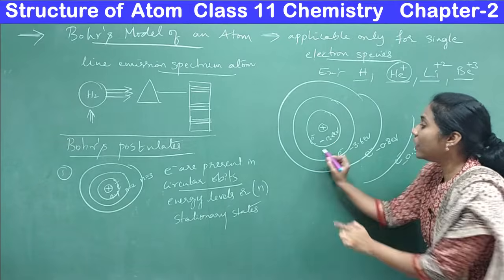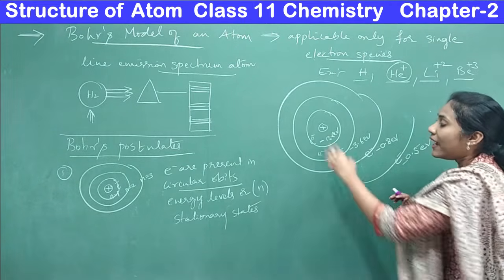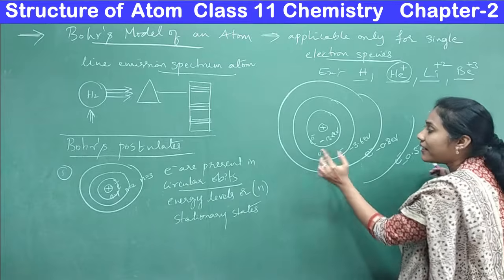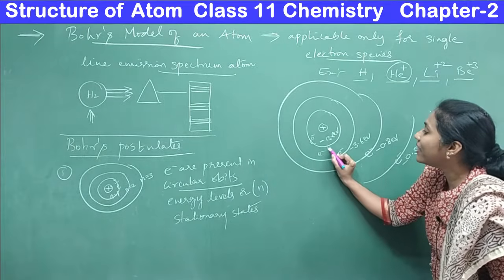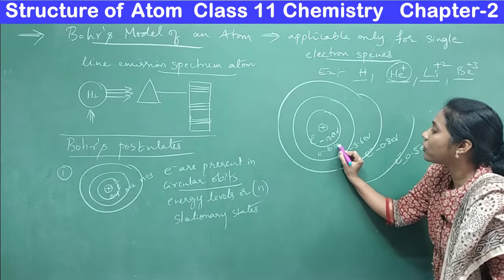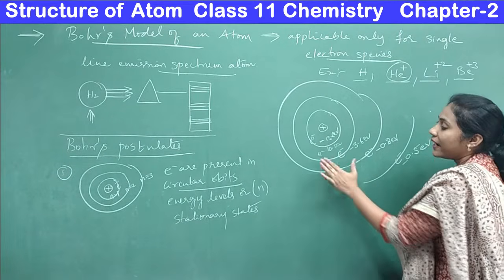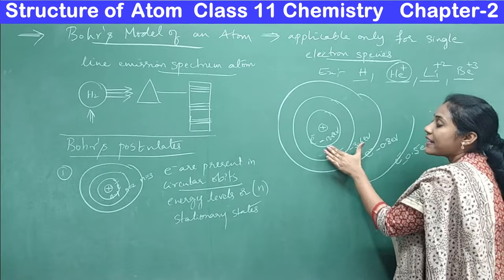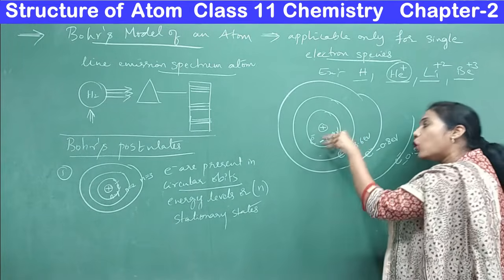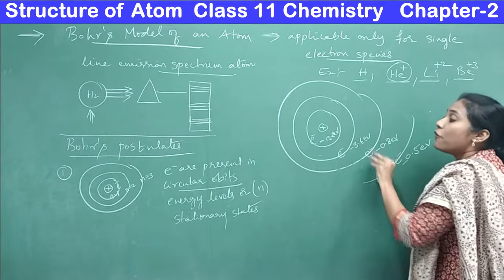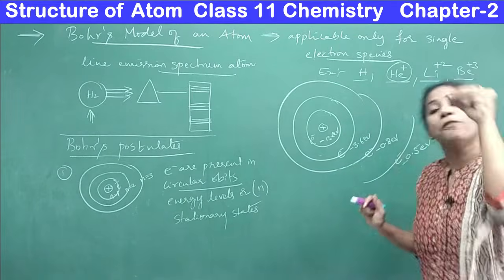Electron cannot be present here, and you cannot expect an electron having an energy of 10.5 electron volt, I mean a number which comes in between these. No. See, an electron can be present in only those energy levels where its energy is fixed.